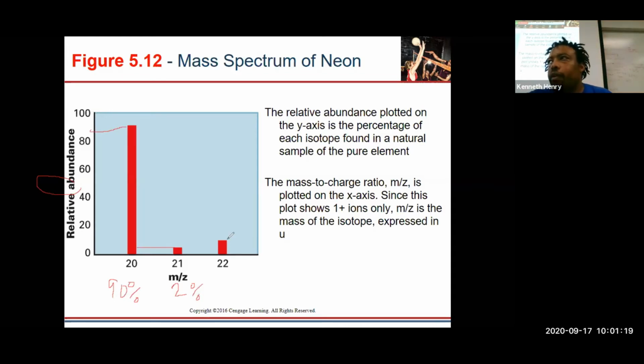And rough estimate, about 8% neon 22. Okay, so we're going to be more exact than what we are, so that we keep enough sig figs to make it work. So we're gonna fix these numbers a little bit.